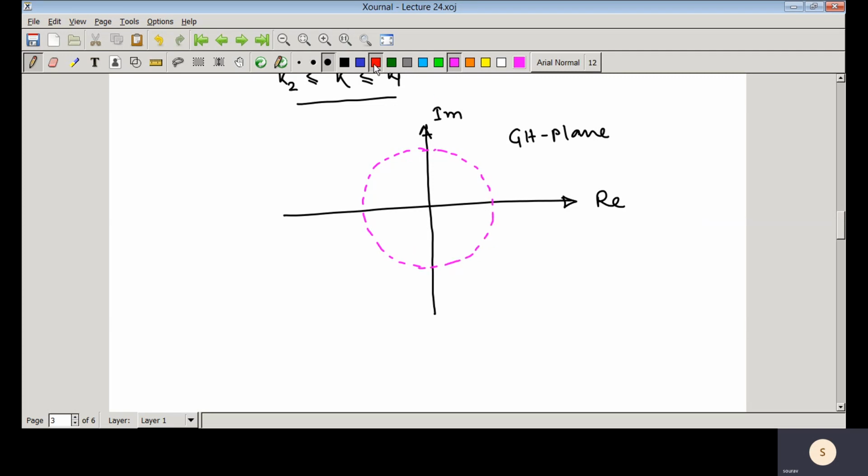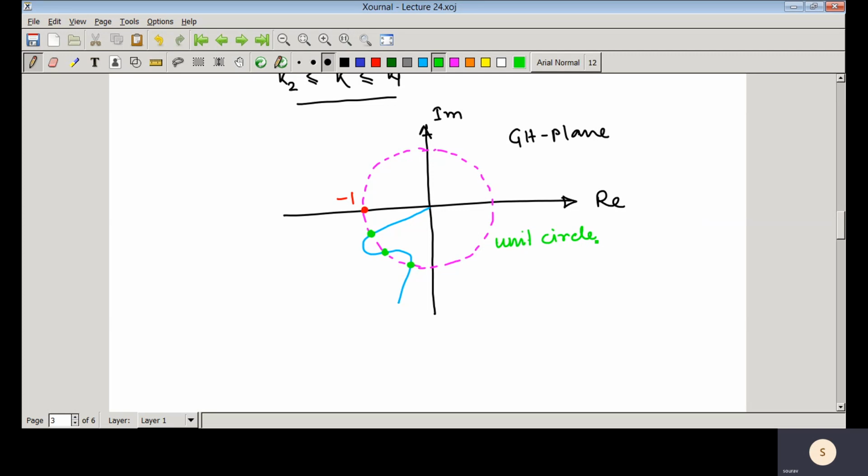This is the critical point, and suppose your plot is like this. Here we can see there are 3 points where it crosses the unit circle.